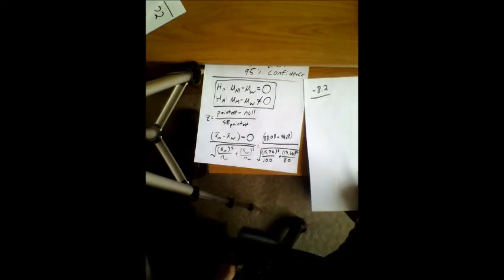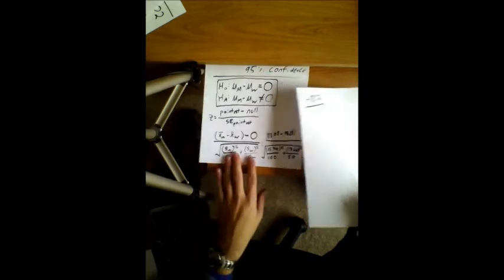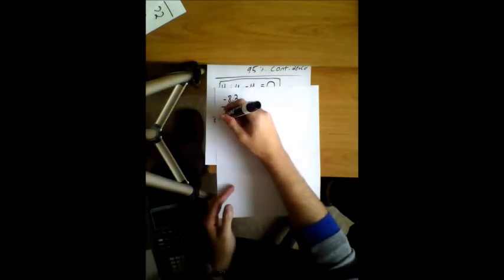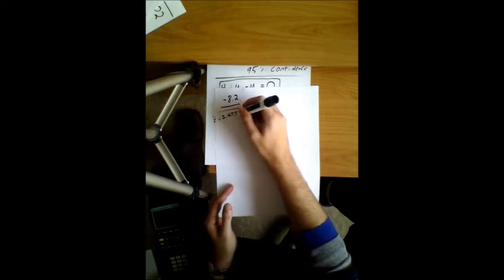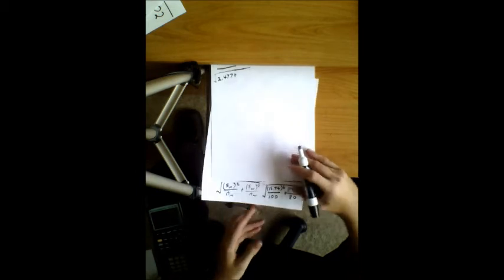I'll do it in 2 steps just to make sure we're on the right page. So it would be the square root of 2.477 plus the other one, 13.66 squared divided by 80, which gives me 2.33.